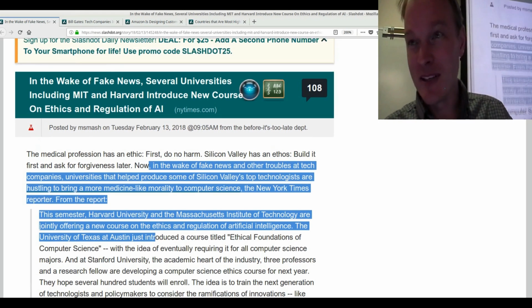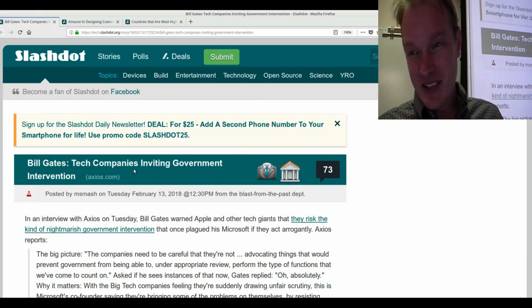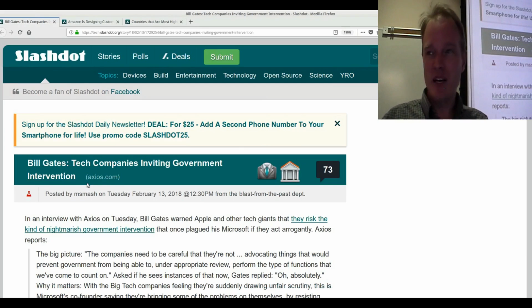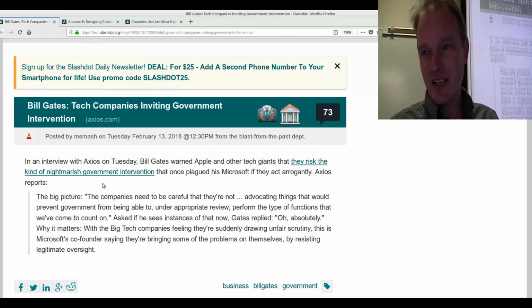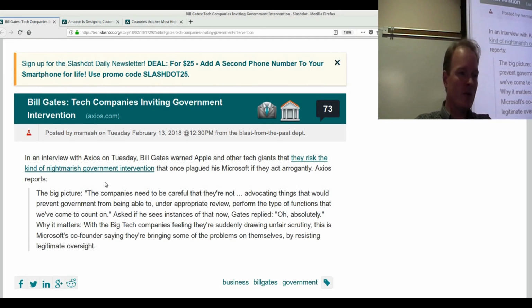Yeah, okay, better move on. Here's something else I noticed. Bill Gates, this is highly relevant to the previous article, warns tech companies that they're inviting government intervention by spurning government intervention. Basically, a bunch of tech companies are not giving the government backdoors to their cryptography, and Bill Gates is saying, hey, you better watch out. If you keep telling them no, they're going to raise an iron fist and pass laws.